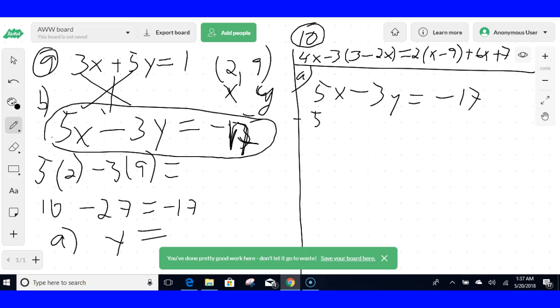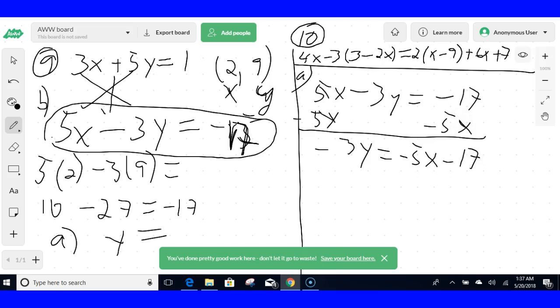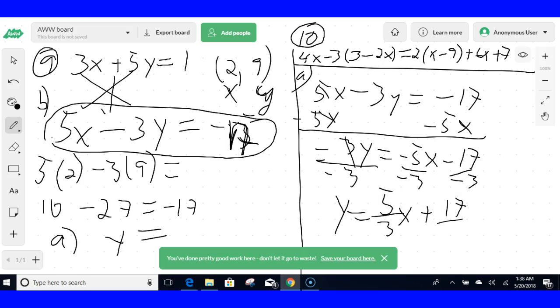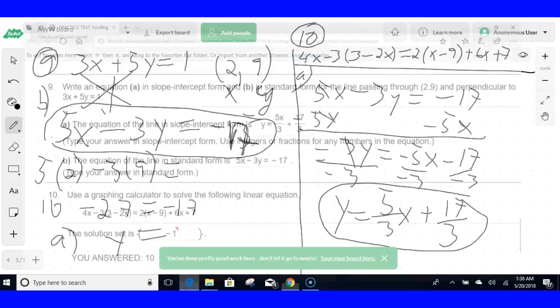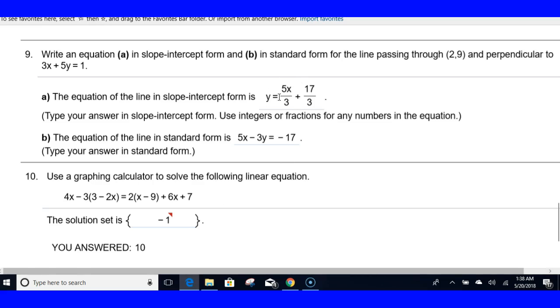If I move 5x to the other side, that will end up with negative 3y equals negative 5x minus 17, and divide both sides by negative 3. So you end up with y equal to 5x over 3, the negative becomes positive, plus 17 over 3. And that's how they get the slope intercept form for letter A that you have here.